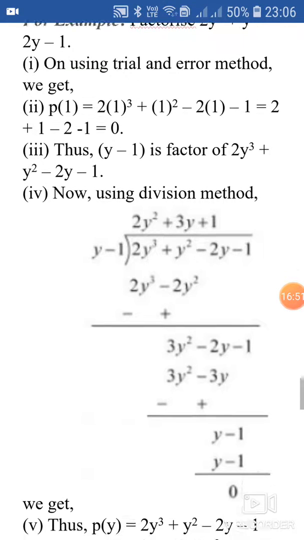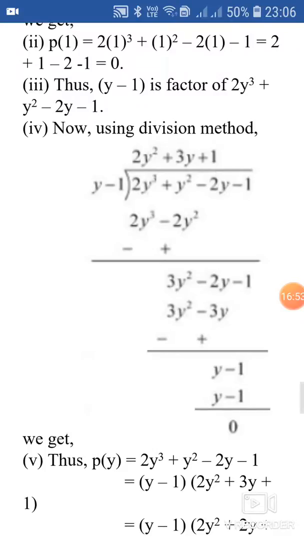So when you divide, as you can see here, 2y cube plus y square minus 2y minus 1, we divide by y minus 1. It is 2y square, and then it becomes 2y cube minus 2y square. Change the sign. Then the first term gets cancelled, and in the second term y square plus 2y square becomes 3y square. Then we bring the other two terms down, minus 2y minus 1. Again, what do we need now? 3y.